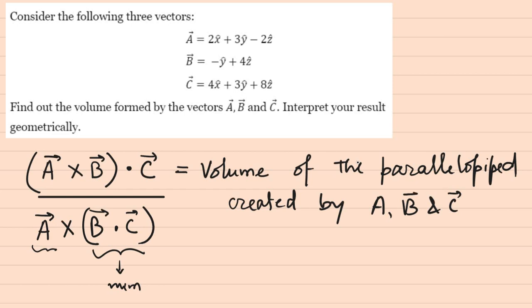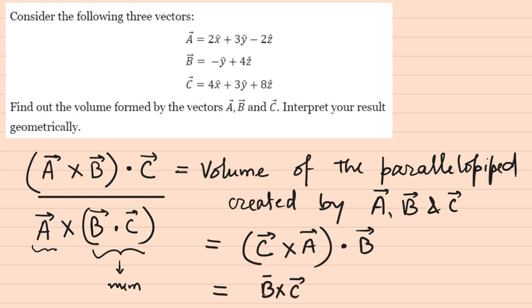Now, something very interesting you should notice as well is that this is the same as taking the combination C cross A dotted with B. And not only that, we have another combination which is exactly the same in terms of the result, and that is B cross C dotted with A. As you can notice, we are always taking the cyclic combination.